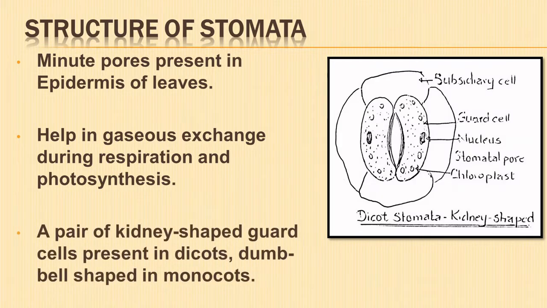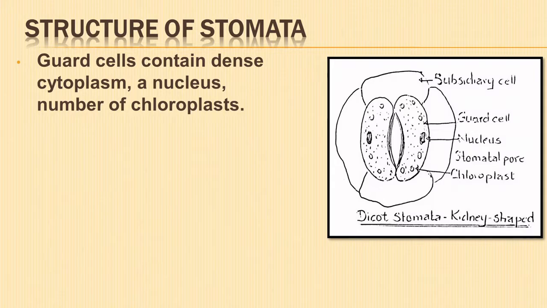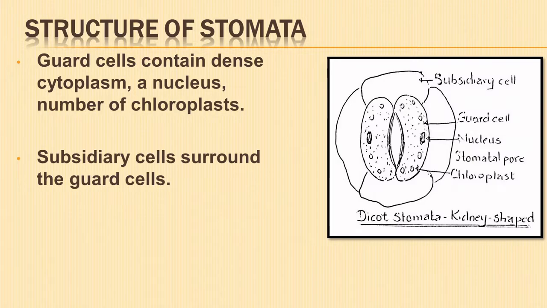Minute pore stoma is surrounded by a pair of guard cells which are kidney-shaped in dicots and dumbbell-shaped in monocots. Each guard cell has a dense cytoplasm with a nucleus and number of chloroplasts for photosynthesis. Subsidiary or accessory cells surround the guard cells.